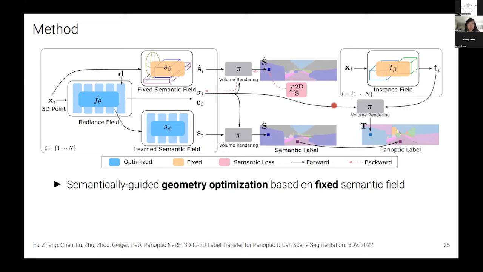So why do we want to have this fixed semantic field? We observe that if we have this fixed semantic field, then we can use semantic information to guide the geometry optimization. Once we run this branch, we render a semantic map and we use the noisy 2D prediction as the pseudo-ground truth to supervise this semantic label.